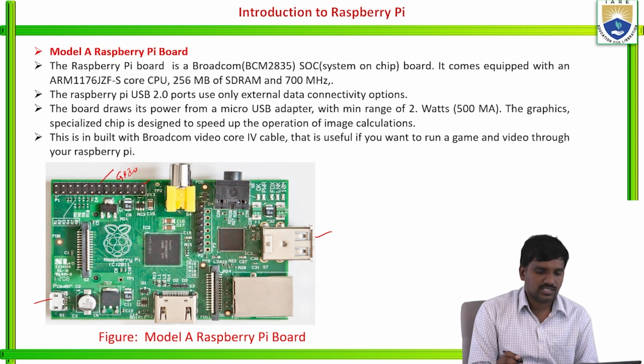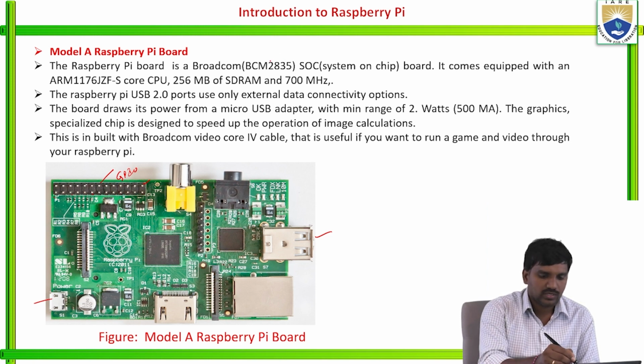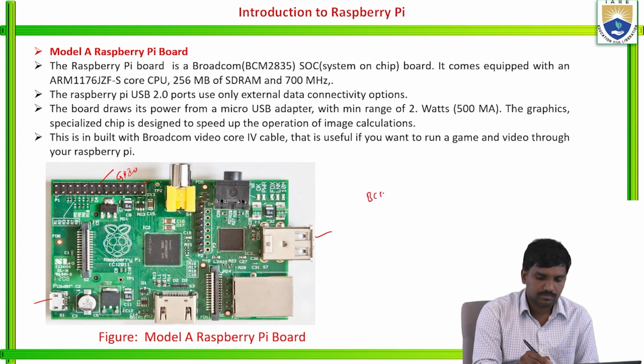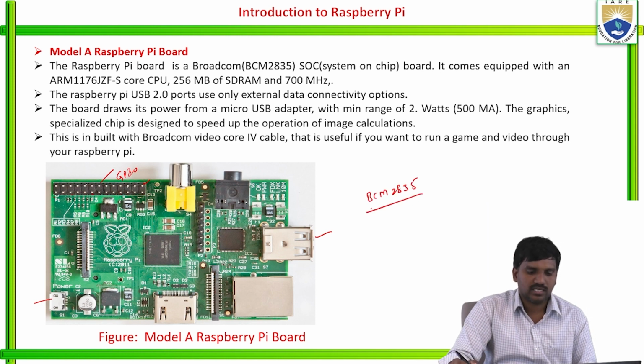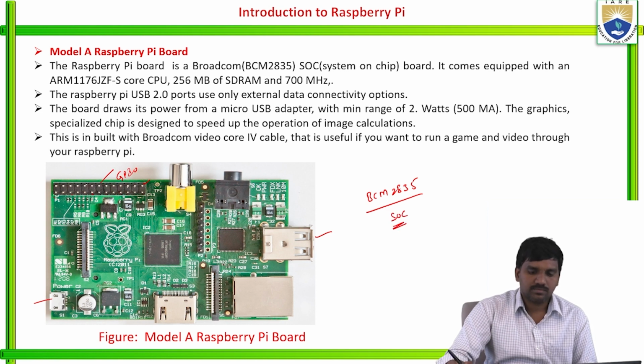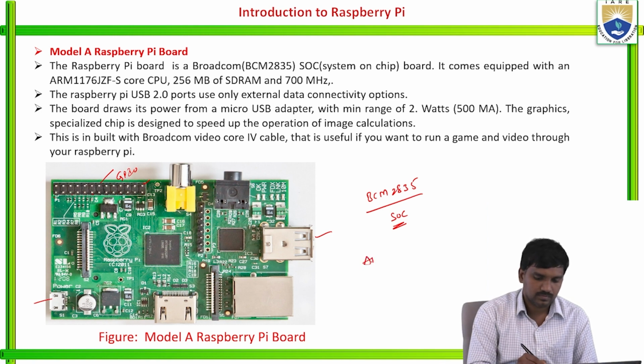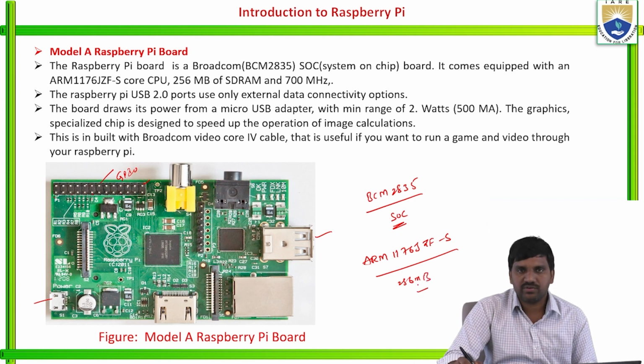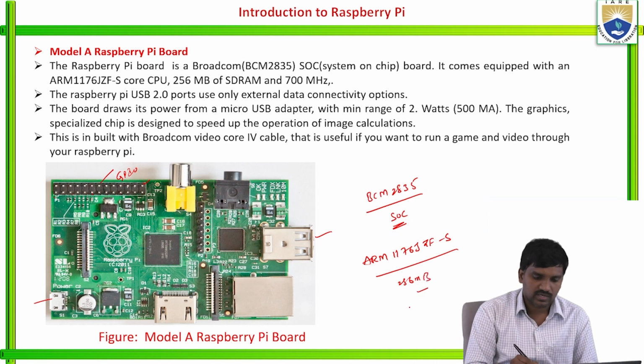It is a Broadcom BCM2835 system on chip model. It comes equipped with an ARM1176JZF-S CPU, 256 MB of SDRAM, and the input frequency for this one is 700 megahertz.